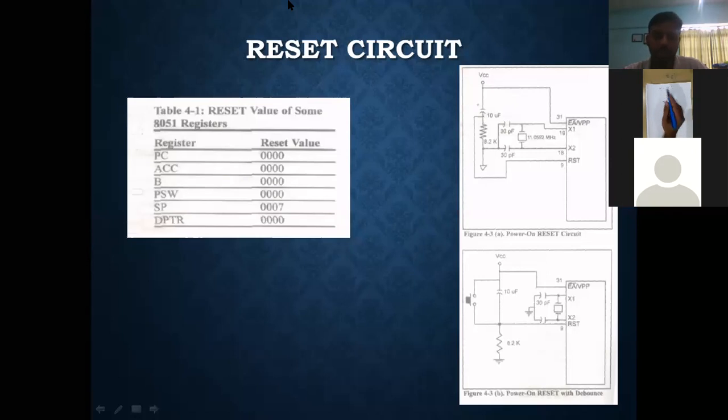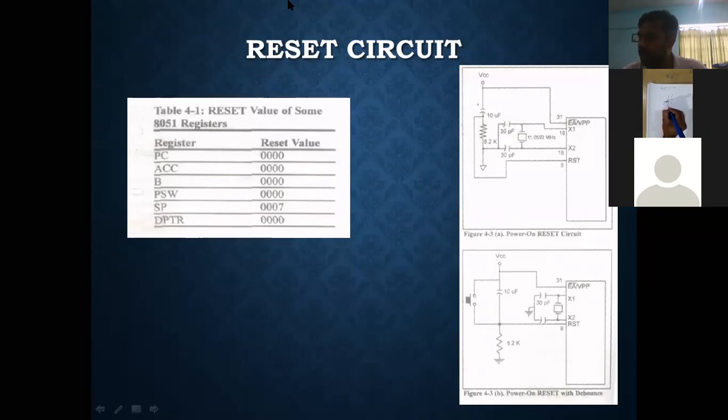So we need to design a circuitry for the same. Now how to do this? Being simple, in this figure 4.3b, we are just connecting a resistor to the ground, and the value of the resistor is 8.2 kilo ohm.